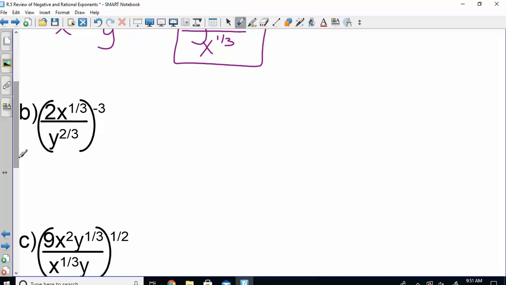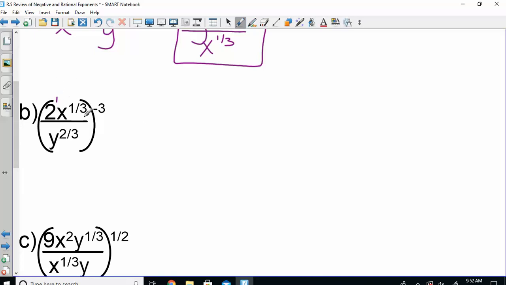Okay. We can start just by distributing a -3 to everything and then dealing with the negatives. We could also, since the whole parentheses is to a negative, if you have a fraction to a negative power, it just flips. So if you want to flip first and have a +3 out there, we can do that. If you want to just deal with the negative and take care of it later, we can do that. Doesn't matter. Which way do you want to go first? Deal with it later. Deal with it later? Okay.